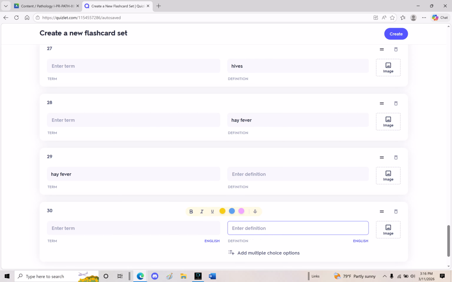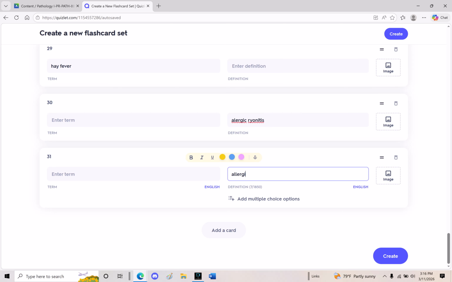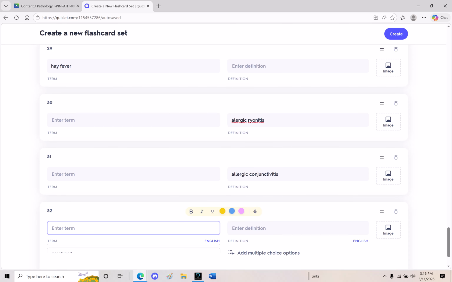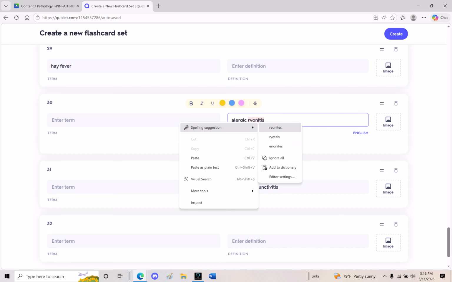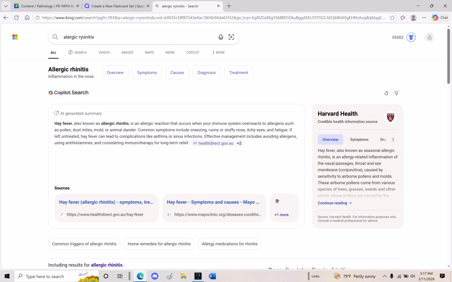Let's go back to breaking down words into their pieces, right? So allergic has something to do with allergies, which tells you immediately this is type 1 hypersensitivity, because that was the A in ACID, anaphylactic or allergies. Rhinitis, rhino. Think about when you get a nose job, the correct term is rhinoplasty.